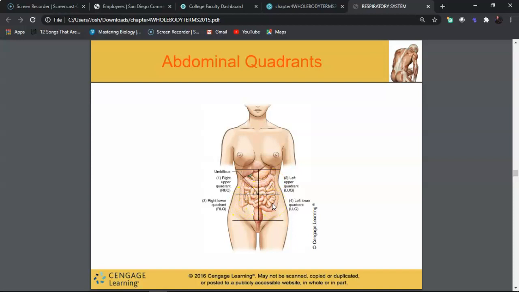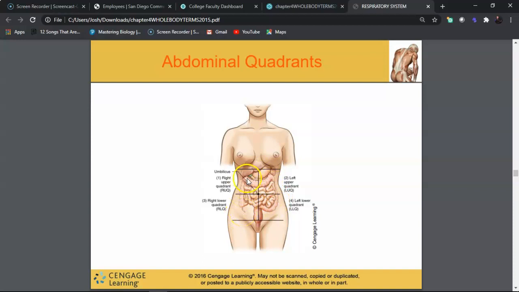And so this is a little bit more recognizable, especially if you've gone to the doctors and they might try to have you pinpoint. If you're complaining of abdominal pain, being able to localize your pain is important because different organs are located in different areas. And if I've got left upper quadrant pain, it's probably not my appendix, which is in the right lower quadrant.